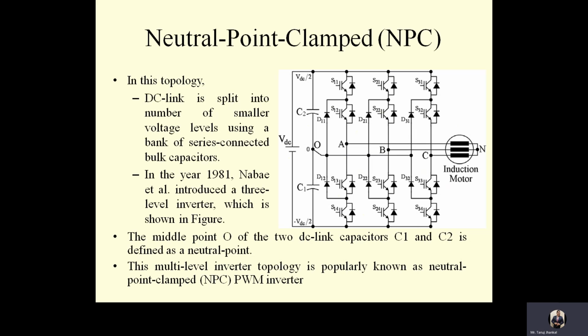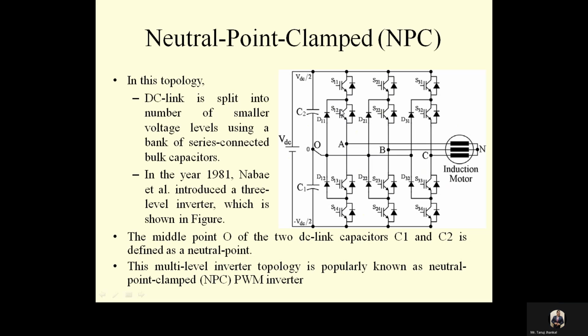The voltage VAO gets clamped to the neutral point through the diodes D11 and D12, depending on the direction of load current. The inverter switches are switched in a complementary fashion. For example, in pole A, S11 is switched complementary to S13, which means when S11 is on, S13 will be off, and when S13 is on, S11 will be off.